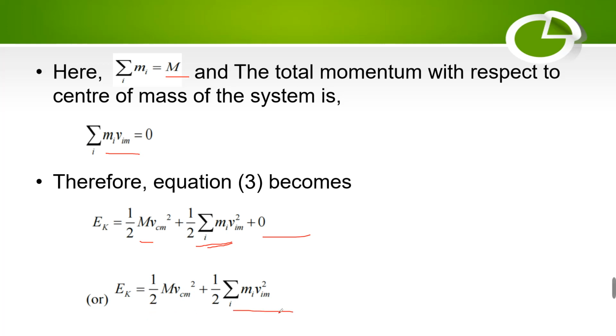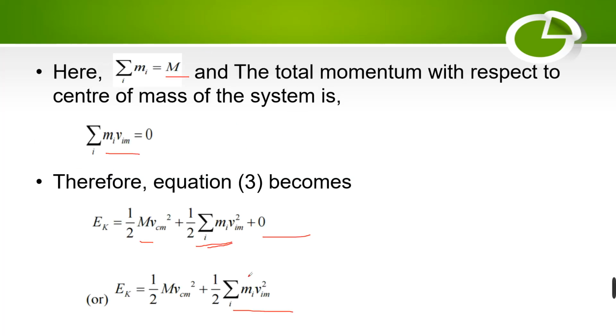And the second one is half summation i equal to 1 to n mi Vim square, that is kinetic energy with respect to velocity of the ith particle with respect to center of mass.